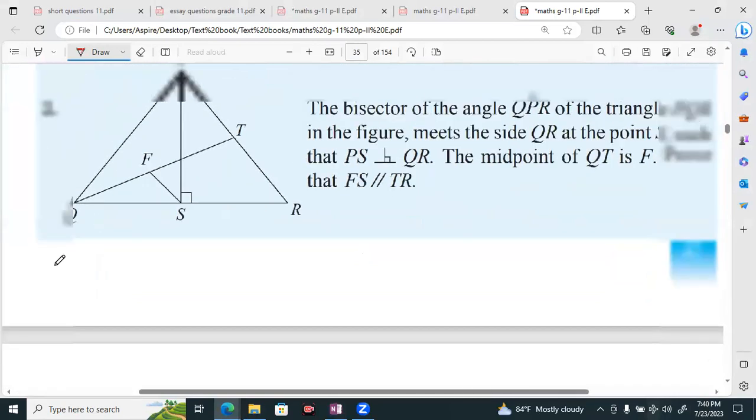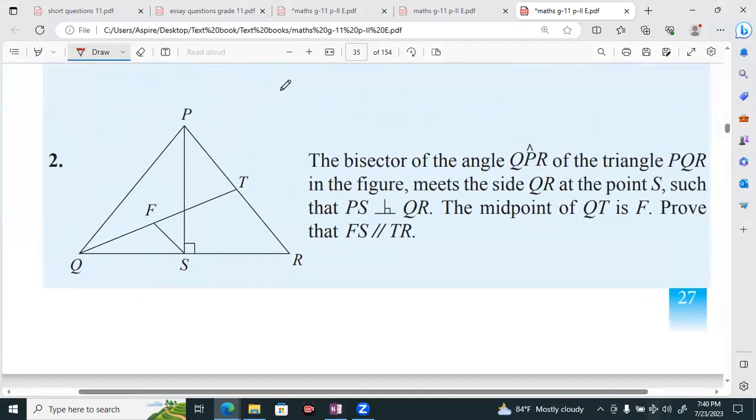This one. Okay. Please draw the diagram in large scale.